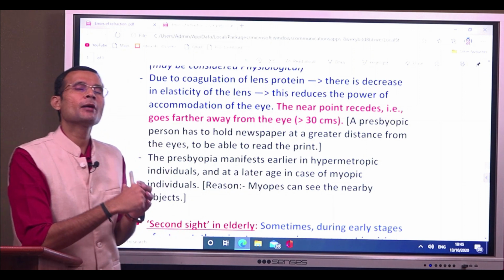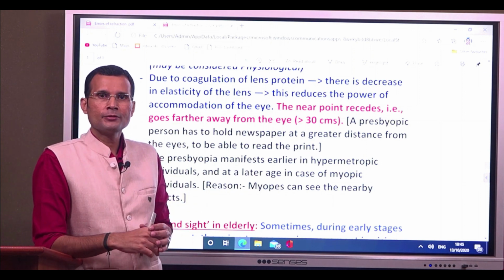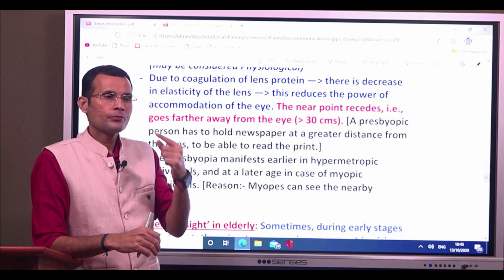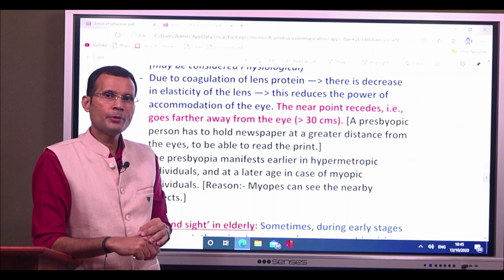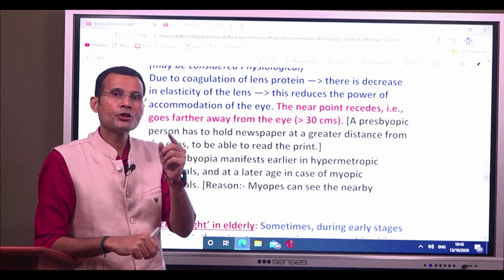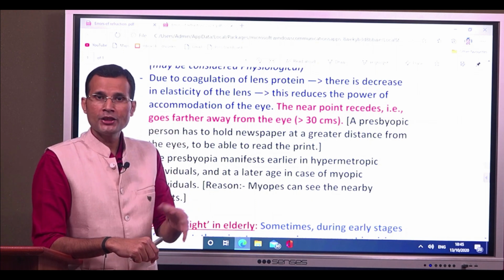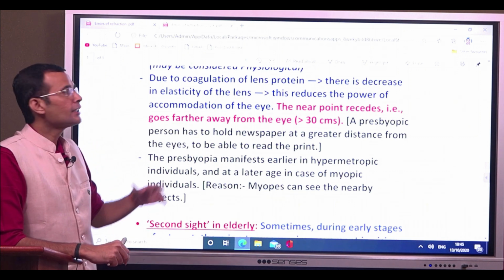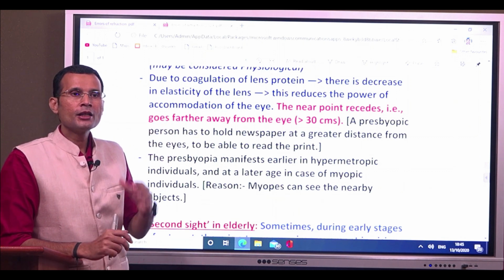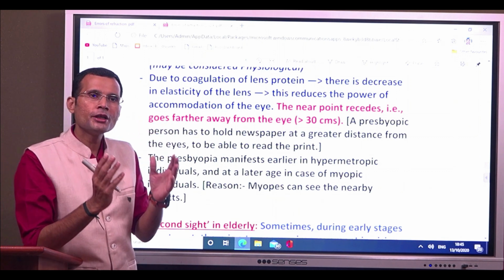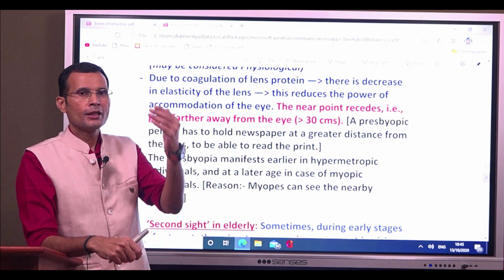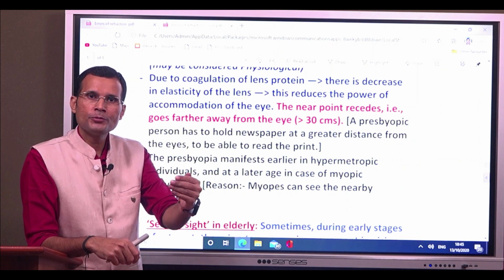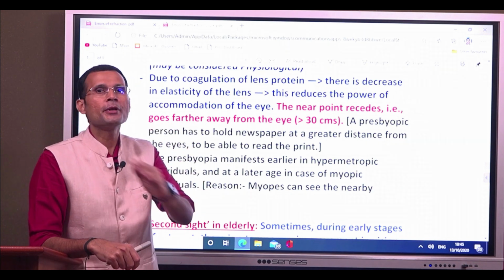You know, in the beginning I mentioned this. What is accommodation? The changes in the eye that happen to see the near objects. And what is the main change of accommodation? Increase in the curvature of the lens. Now imagine that the lens protein is hardened and therefore the lens is not able to increase its curvature to a normal extent. What will happen? The ability to see the near objects will be diminished.